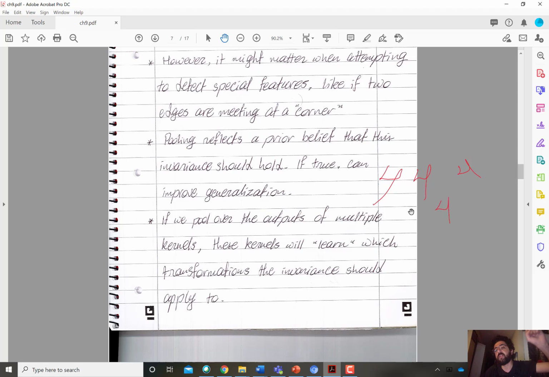The kernels learn which transformation the pooling introduces invariance to, and that could be very useful. Mechanisms like that, learning which transformation to apply the invariance to, are what make convolutional neural networks generic, in the sense that the same architecture can be successful in very different applications. Thank you.